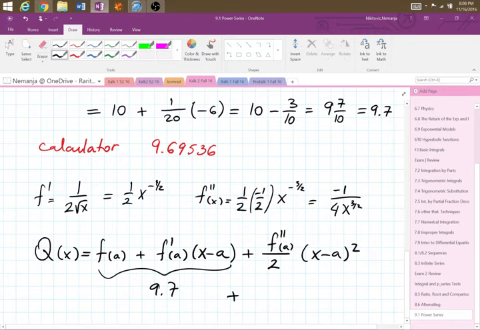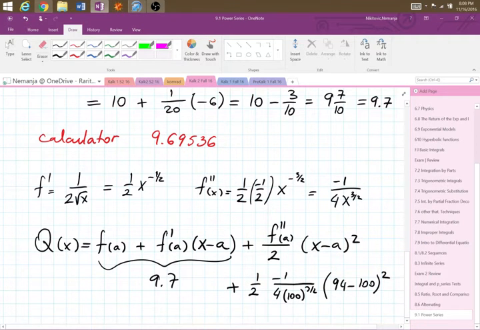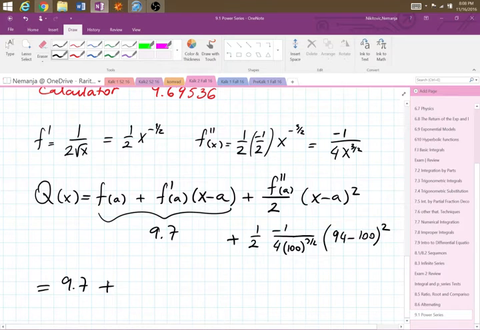So what do I have? I have 1/2 times negative 1 over 4, and then I have 100 raised to the 3/2 times 94 minus 100 squared. So I have 9.7 plus negative 1 over 8 times 1,000 times 36, right?